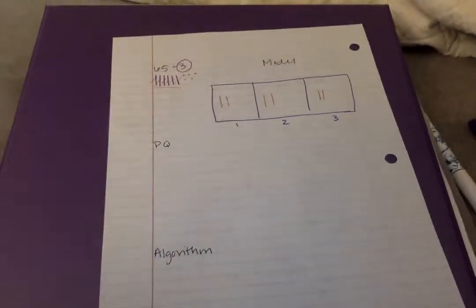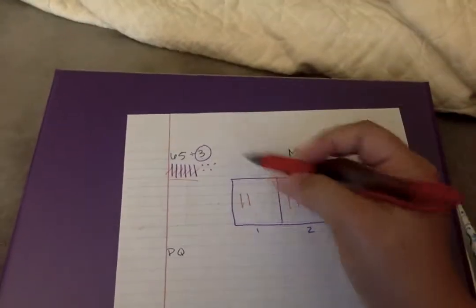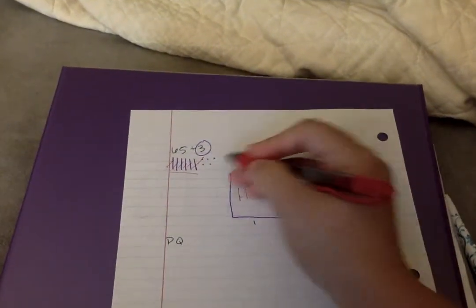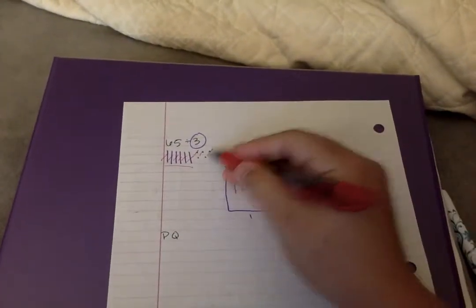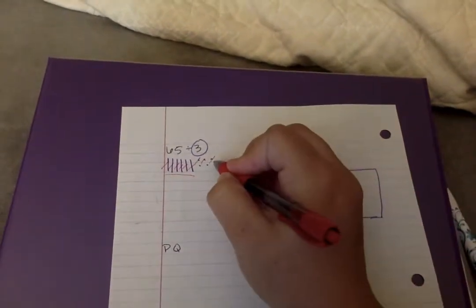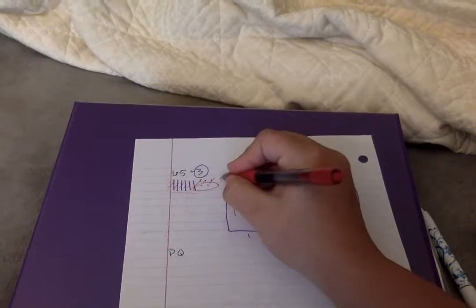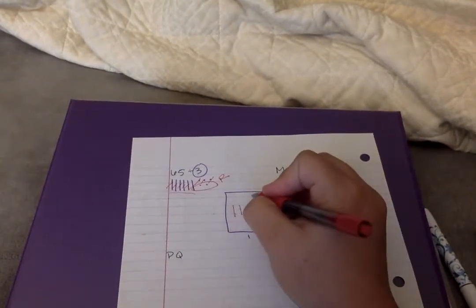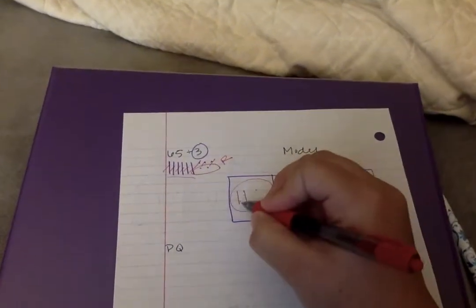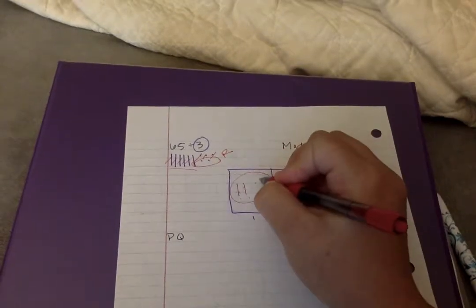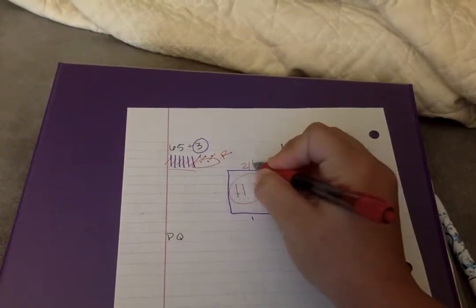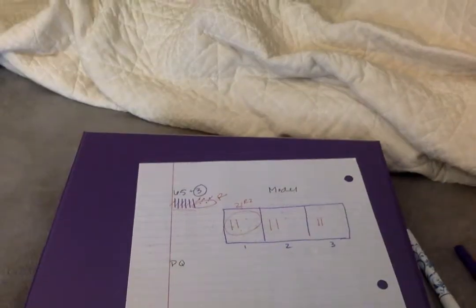These ones, on the other hand, we have to go about them a different way. So that's 1. That can go in the 2. That can go in the 3. But we have 2 left over, and you can't just put 2 in there. So that will be a remainder of 2. So we need to count up what's in the box, and that is 10, 21. 21 with a remainder of 2.